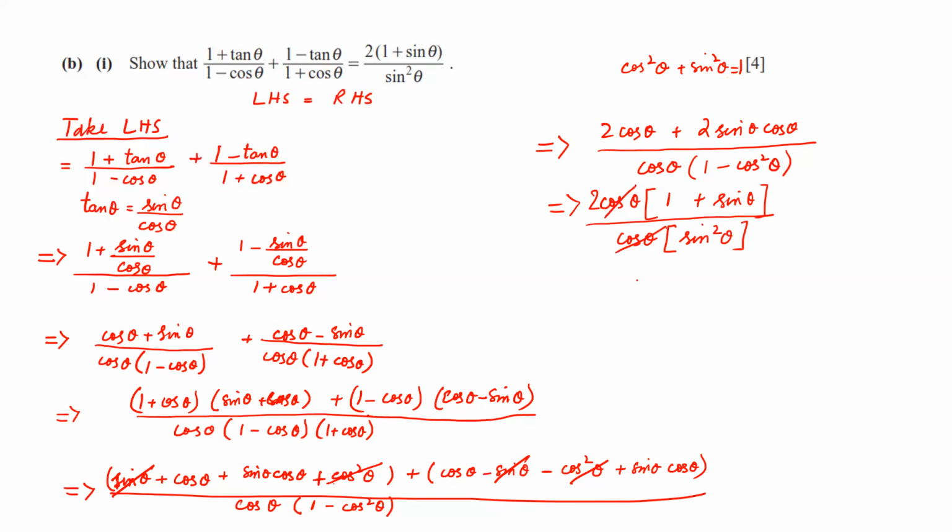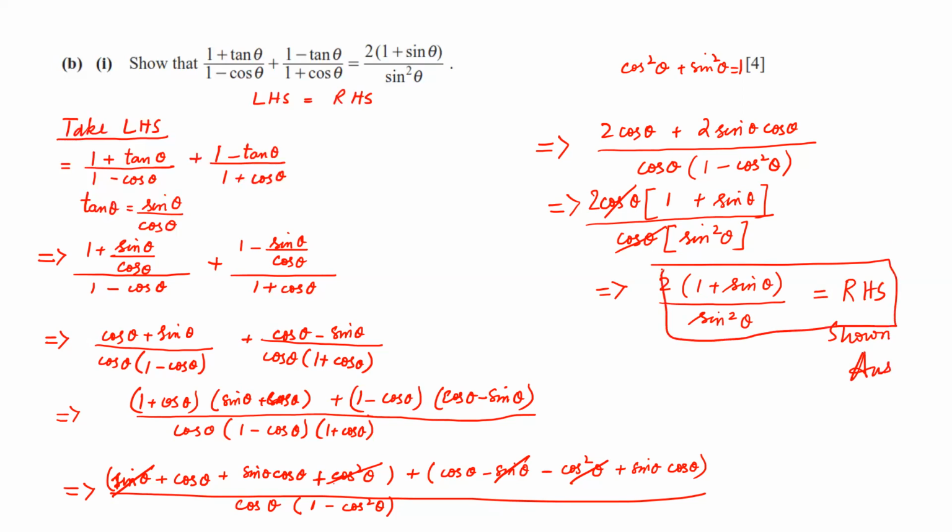This cos theta cancels with this. So what we are left with is 2 into (1 plus sine of theta) divided by sine square theta. And this is equal to the right hand side. And we have shown the answer. Okay. This is as simple as that.